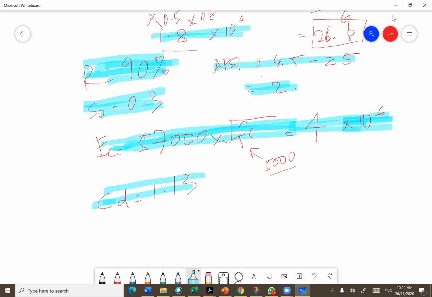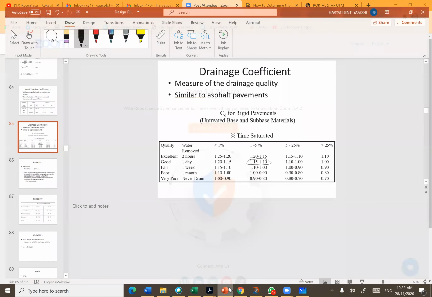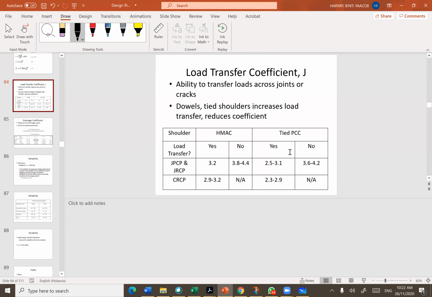What else? The J value, the load transfer coefficient. J value refers to this figure. The question says hot mix with asphalt shoulder, and the pavement is JRCP, jointed reinforced concrete pavement.